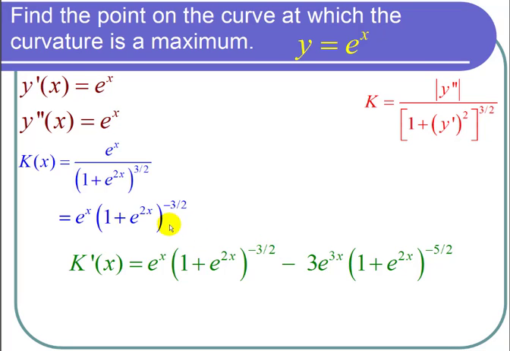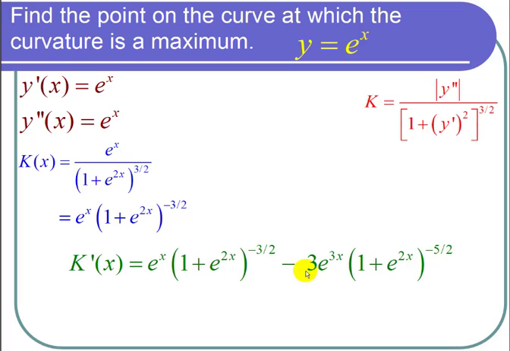And then when I take the derivative of this power, I get a negative 3/2 times the 2 that I had from this 2x. And negative 3/2 times 2 is negative 3. And then I have the inside 1 plus e to the 2x, all to the negative 5/2 power. Negative 3/2 minus 1 is negative 5/2.